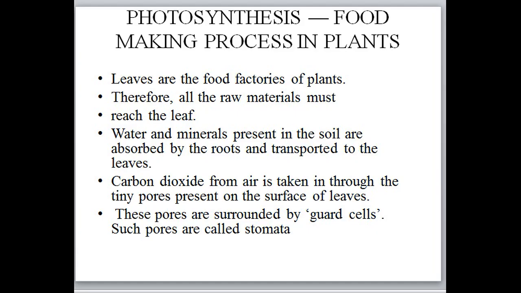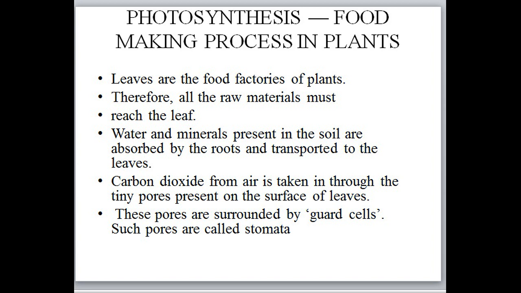The leaves are the food factories of the plants. Therefore, all the raw materials must reach the leaf. That means all the materials needed for the food making process have to be present in the leaf.